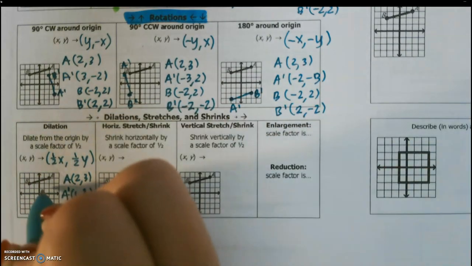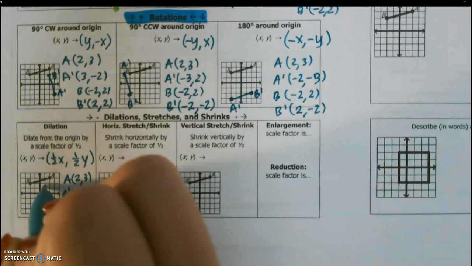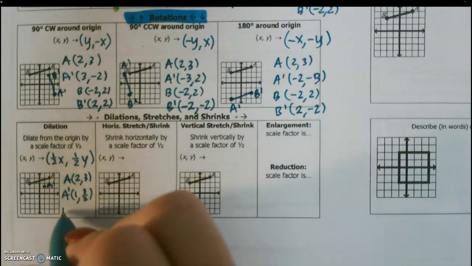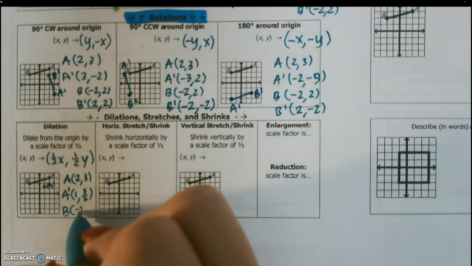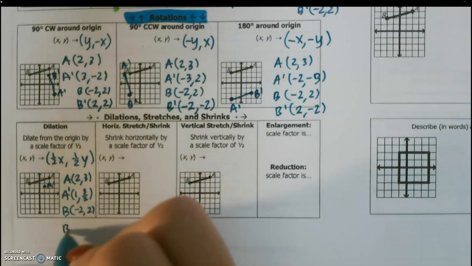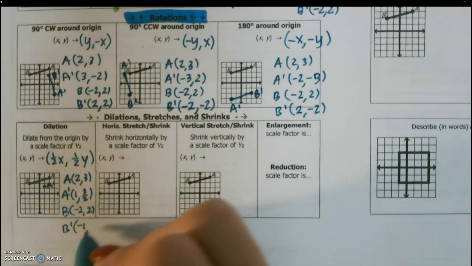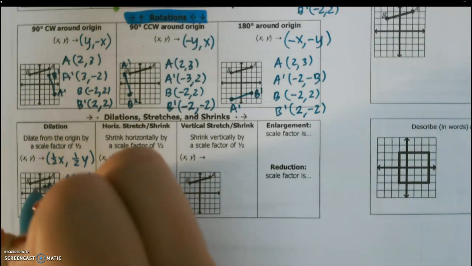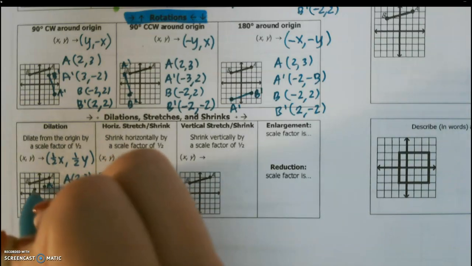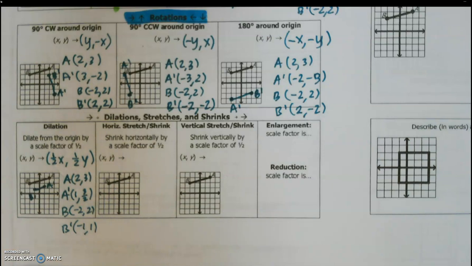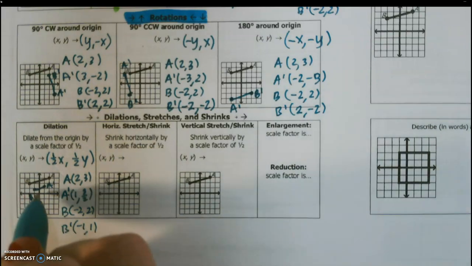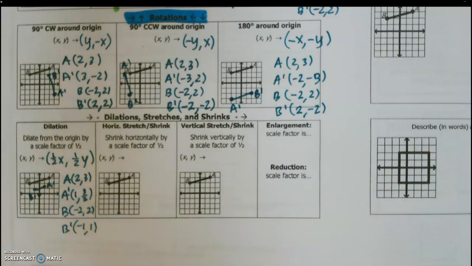So 1 comma 1.5. Then for B, B is originally at negative 2 comma 2. If we multiply those by the scale factor, we're going to get negative 1 comma 1. Right? And not only is it half the size, but it's halfway closer to the center of dilation, which they said was the origin. So halfway closer to the center of dilation, half the size.